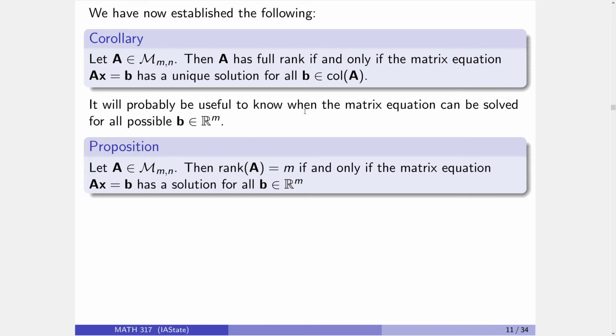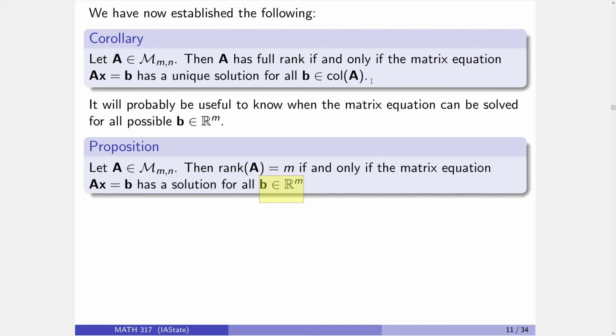And it turns out that you can replace the column space with Rm when the rank is the number of rows. So, in other words, if the rank of A is equal to its number of rows, then the matrix equation has a solution. Note, I didn't say anything about uniqueness here. It has a solution for all possible right-hand sides, so for all things that are elements of Rm.